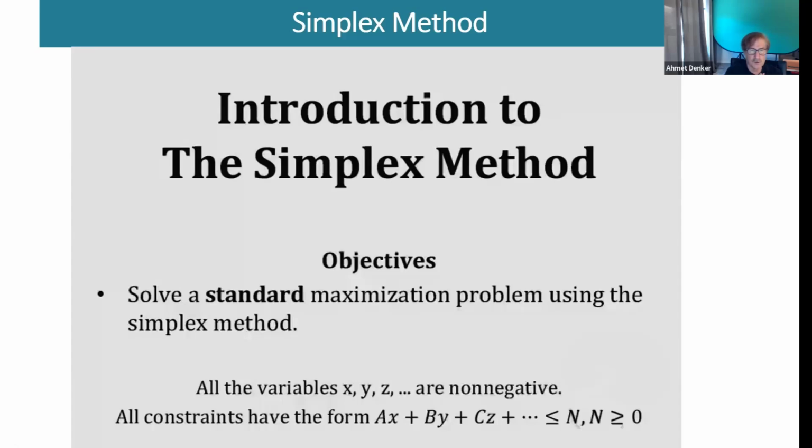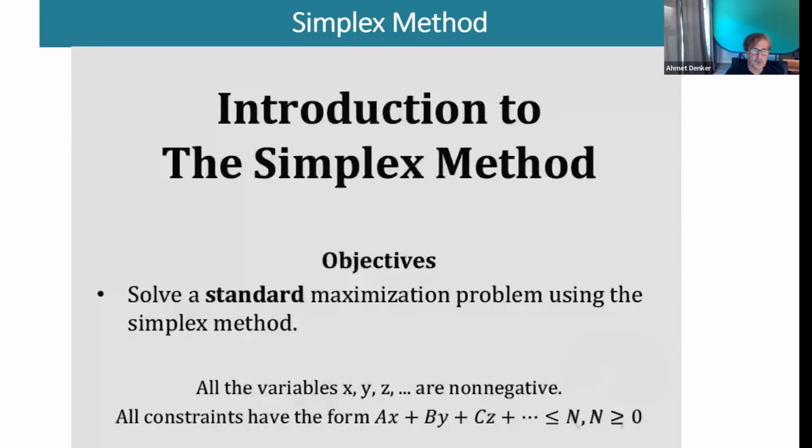Again, the objective is not to talk about the infinitely large regions, but to talk about the limited regions. And we can talk about only the limited regions by making the constraints less than or equal to. So this type of problem or other types of problems also can be converted into this type of problems.